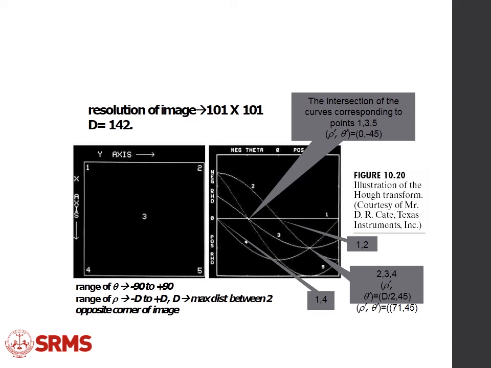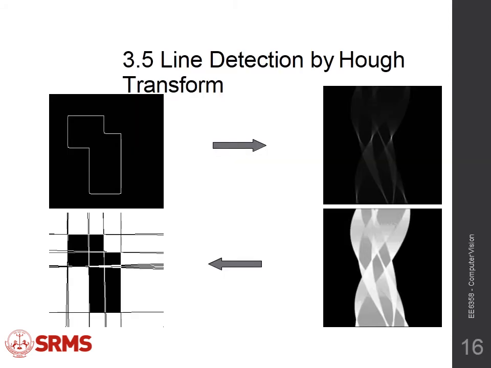So the maximum distance between two opposite corners of the image can be represented by positive D to minus D. Line detection by the Hough transform can be shown as, suppose we have two shapes, one a square and the second a rectangle in upward or horizontal format, that we can transform into different Hough detections.